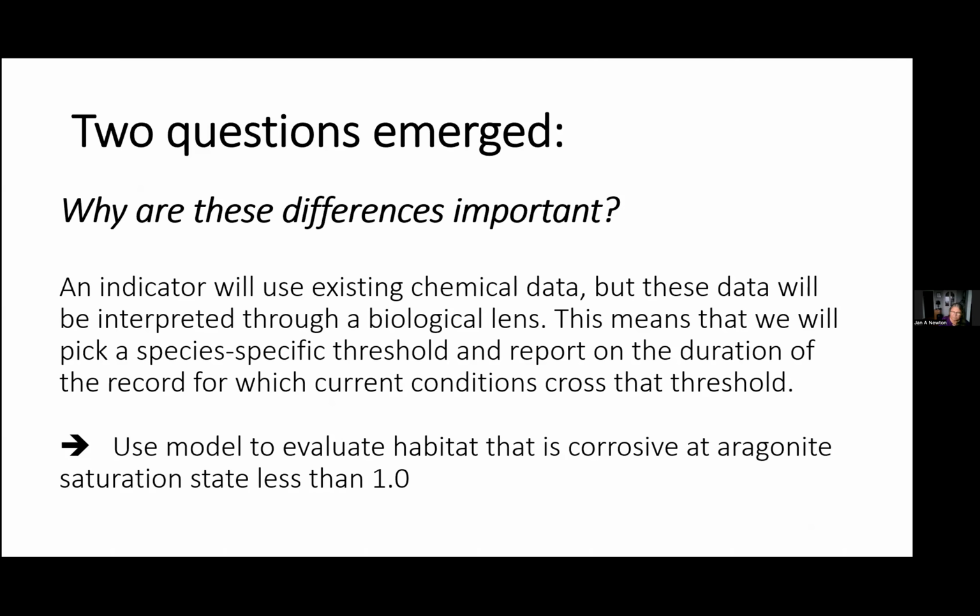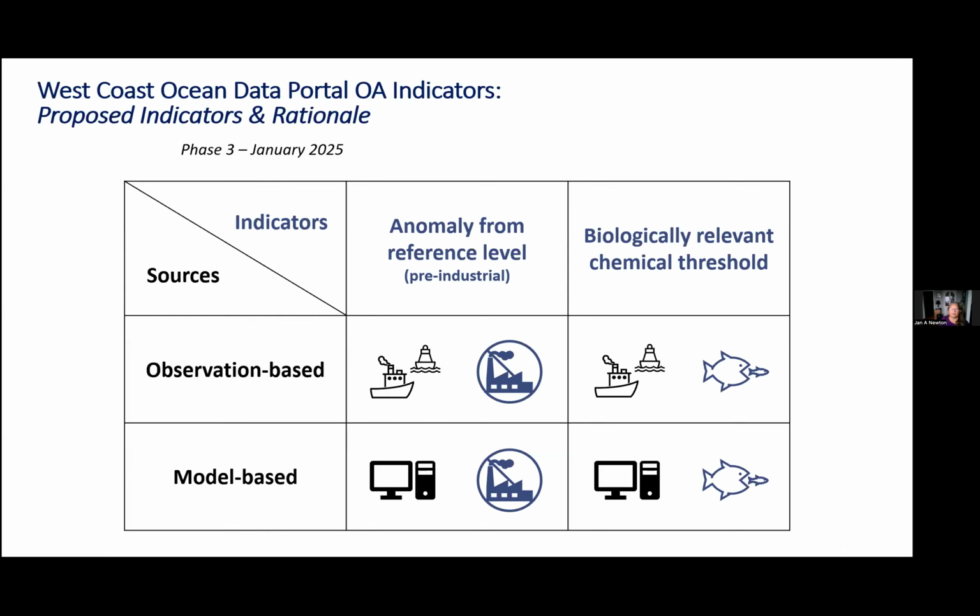All right, so let me explain that a little farther. Here you see the 2 indicator questions: anomaly from a reference level, pre-industrial, and some biologically relevant chemical threshold. You can make an indicator based on observations or based on models.